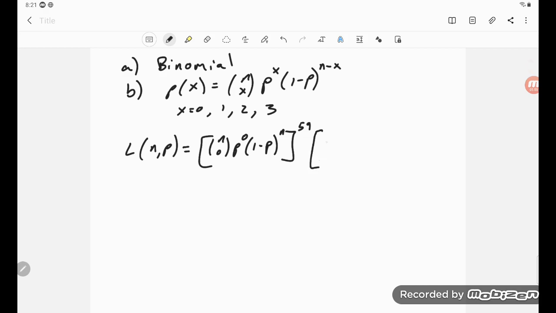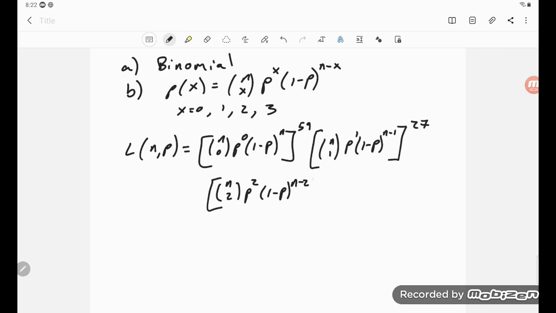And then we had N choose 1, P to the 1, 1 minus P to the N minus 1. And there were 27 ones. Keep going here. We got N choose 2, P squared, 1 minus P to the N minus 2.